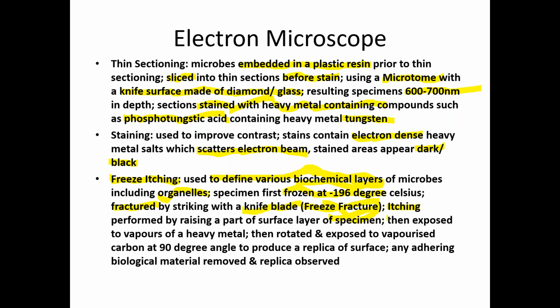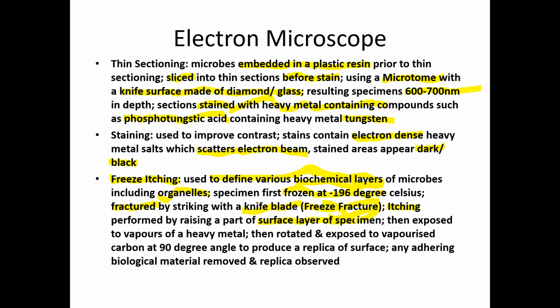Etching is performed by raising a part of the surface layer of the specimen. So if we want to observe the cell wall, we perform proper etching. We are raising the area of the cell wall from the background.